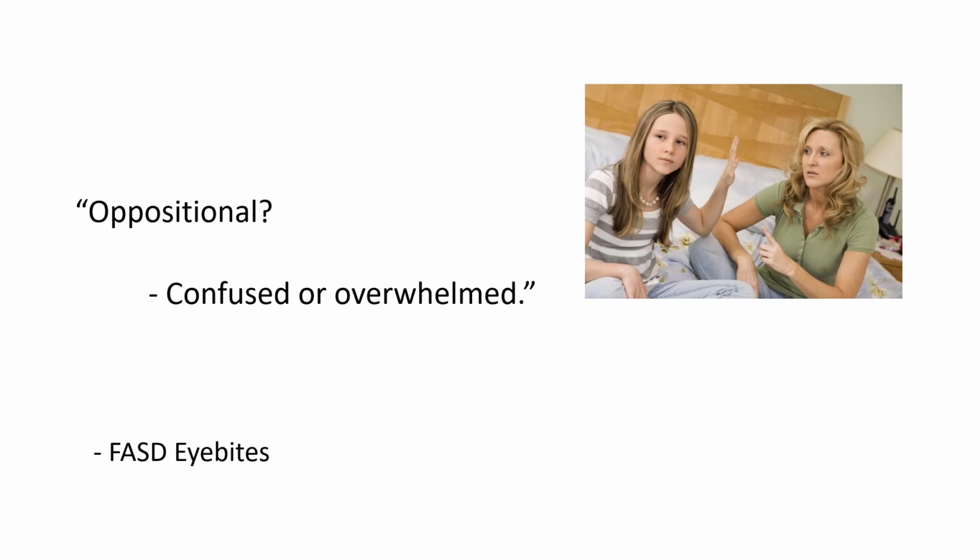But really, when a child with FASD is being oppositional, what could be happening is that they're confused or overwhelmed, and they don't mean it personally that they're doing something that's not what you want them to do at this time, maybe being defiant. They might be confused or overwhelmed in that situation.